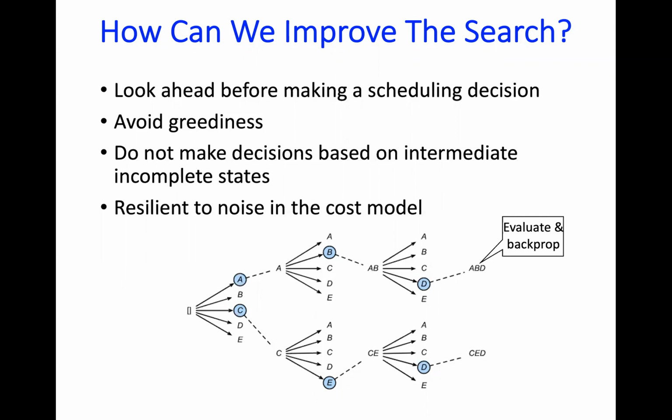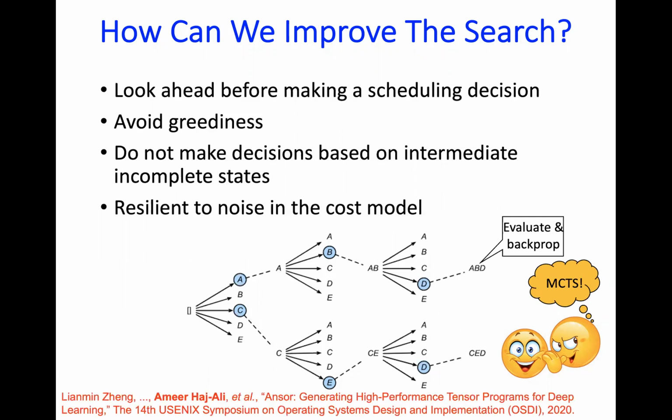And this is something that comes built in Monte Carlo tree search, or MCTS. Now, before I describe what we used MCTS for, we also used other methods that involved evolutionary algorithms with a learned cost model, which appeared in OSDI, that you can also feel free to look at. Now I'll just describe the method that uses Monte Carlo tree search.